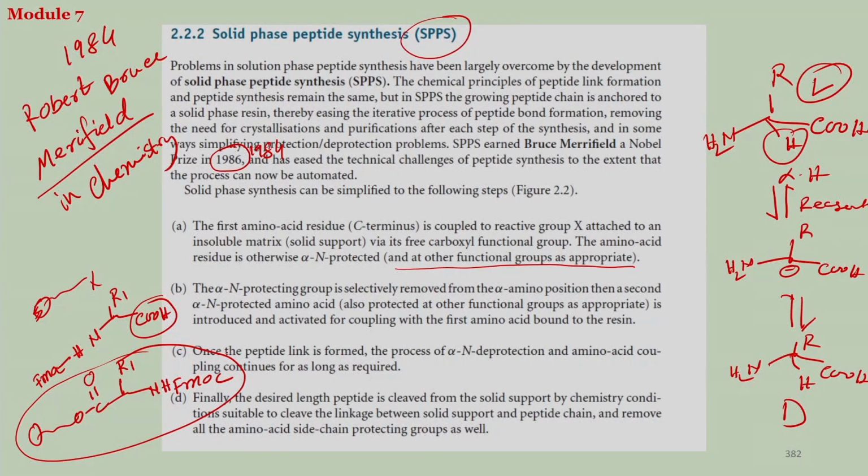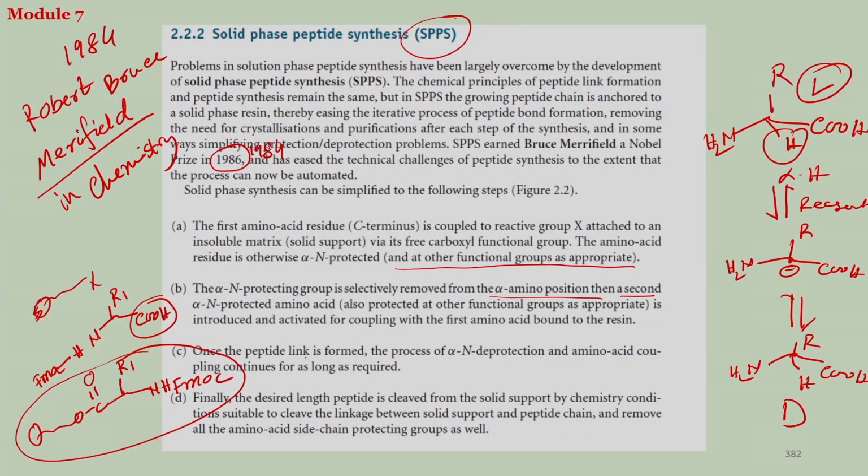Next step is the removal of the FMOC group, which can be removed using piperidine from the alpha position, and then a second alpha N protected amino acid is introduced and activated for coupling with the first amino acid bound to the resin. So, this would be coupled.